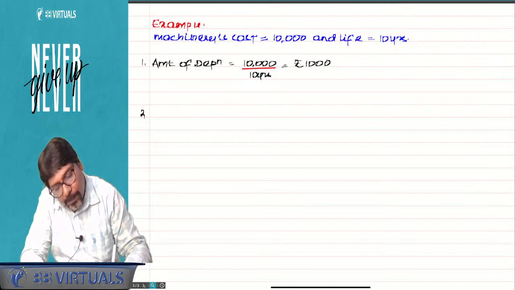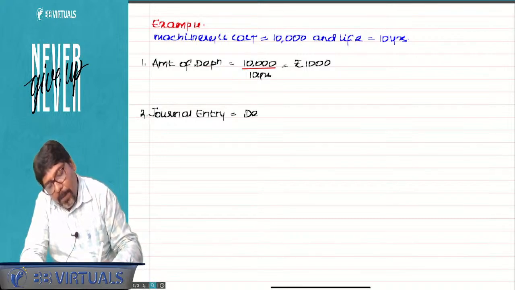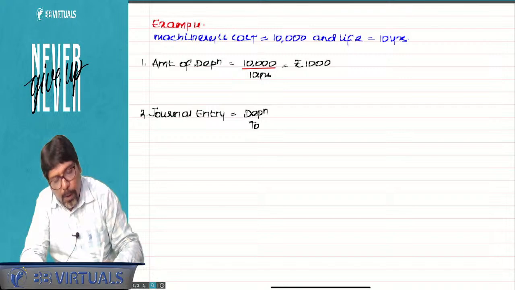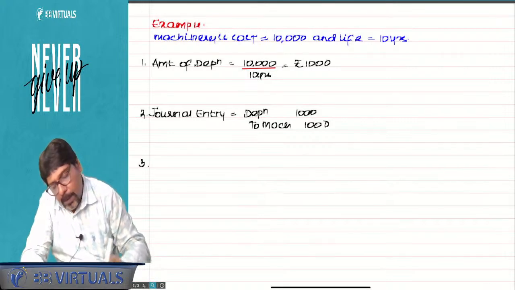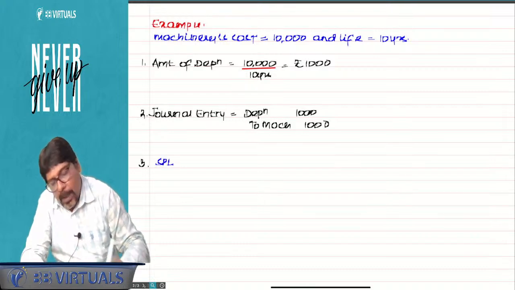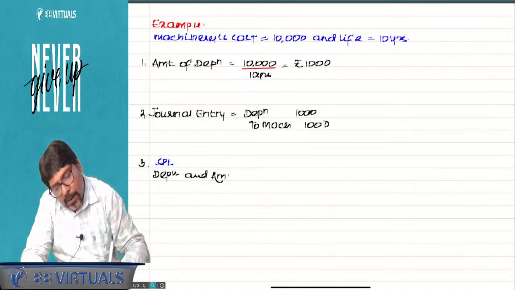Number two, journal entry. Depreciation to asset, how much? 1,000. Number three, SPL. In the SPL I wrote depreciation and amortization.